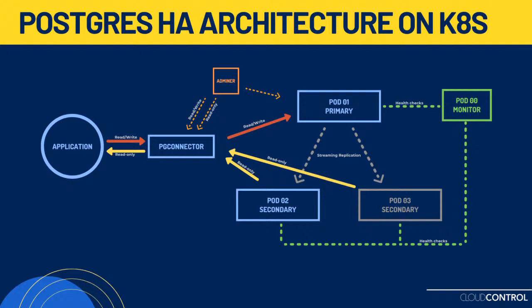What it means is the read-write or the read-only database, and keeping the synchronous replication live. That's the PG monitor node. The other two nodes would be pod 01, which will act as the read-write database, and pod 02, which will act as a read-only database.